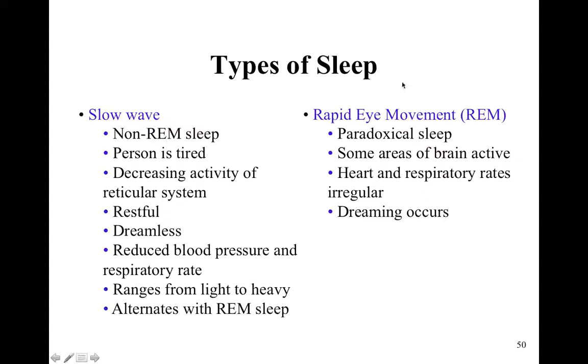REM sleep is that rapid eye movement, where some areas of the brain become really active and others are shut down. That's why it's called paradoxical sleep.